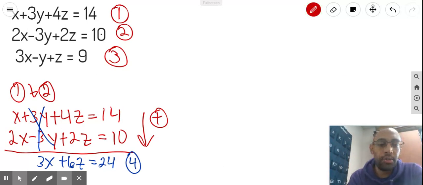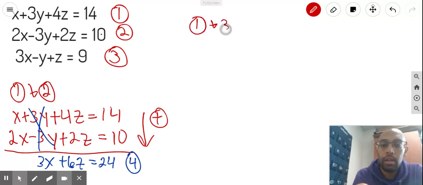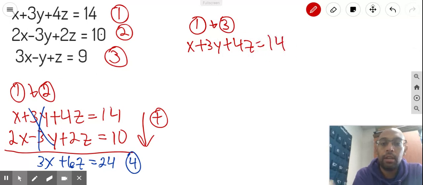So that was me choosing equations 1 and 2. Now I'm going to choose equations 1 and 3. So doing this, I get x plus 3y plus 4z equals 14, and 3x minus y plus z equals 9.